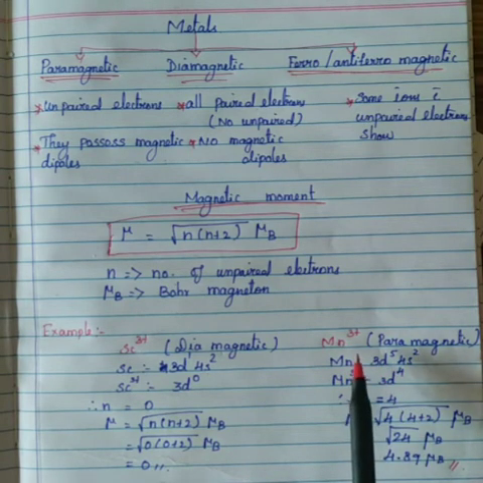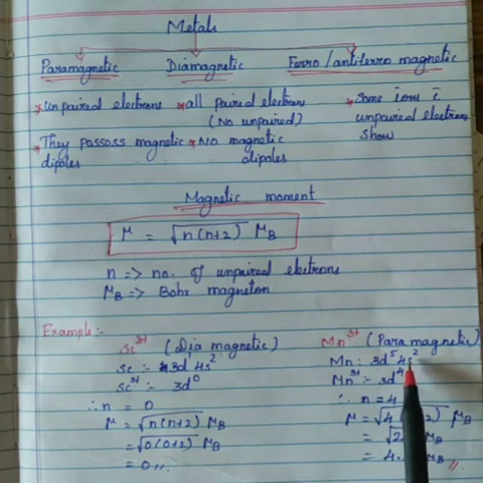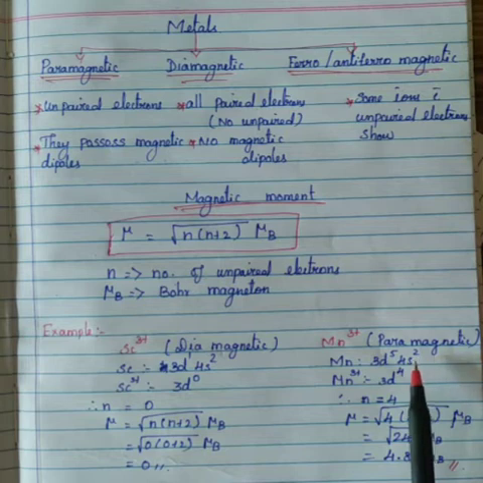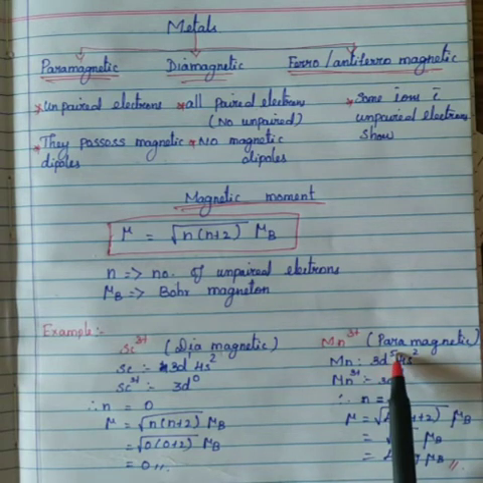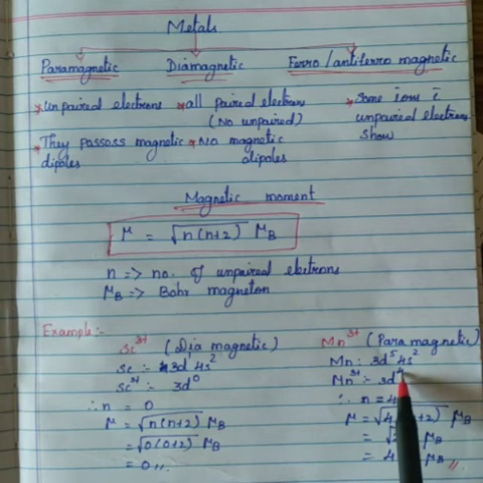If manganese loses 3 electrons, it becomes Mn3+. In this, 2 electrons are lost from the 4s orbital and 1 electron from the 3d orbital. So the remaining is 3d4. So the Mn3+ electronic configuration is 3d4.